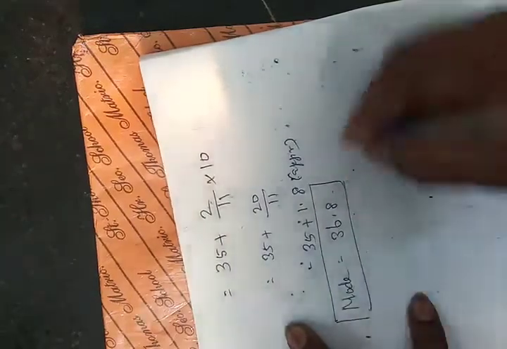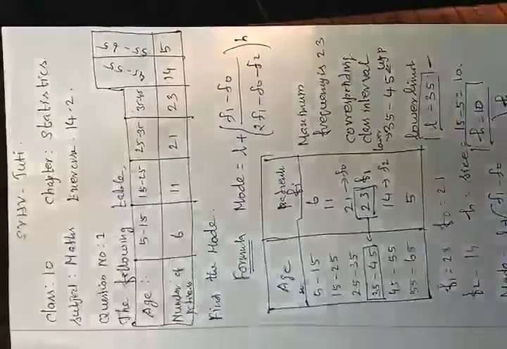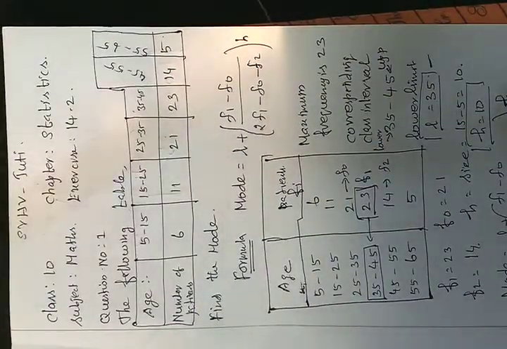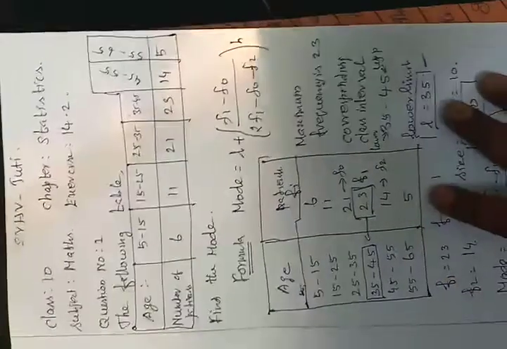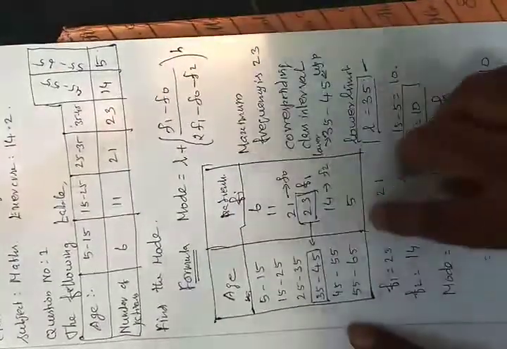Okay, so once again I will explain to you. Listen carefully. Mode is very important, but this is the easiest method for finding the mode. First of all, what are the data? Then you write again in this manner.